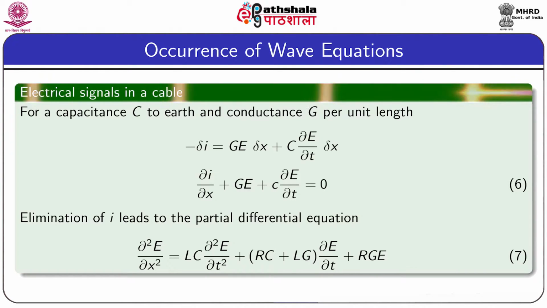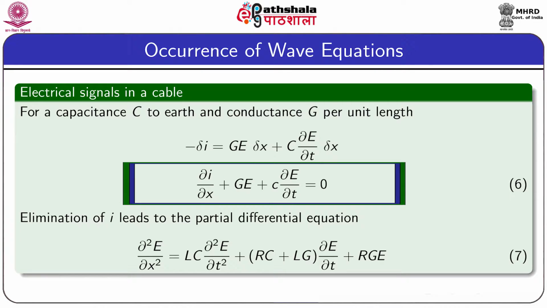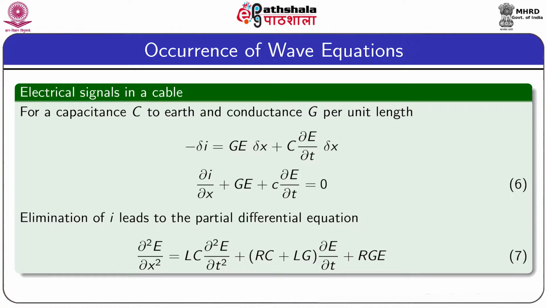Again, we divide this equation by delta x and take the limit as delta x tends to 0. We obtain the differential equation written as equation number 6. The equation is del I del x plus G E plus C del E del t equals 0.